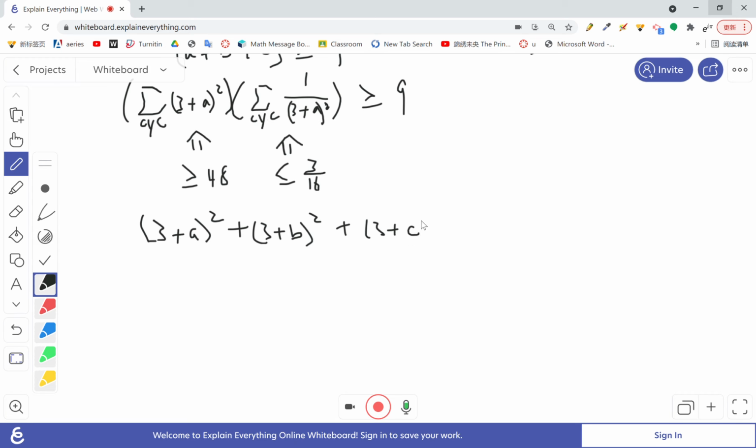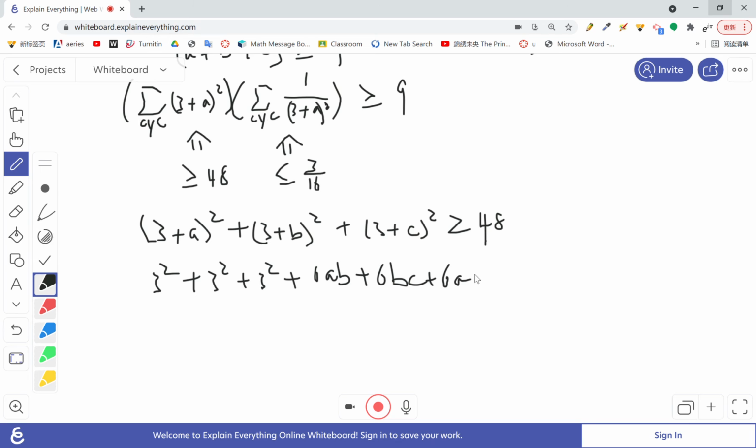Since we're doing the extreme case, this must be larger than or equal to 48, which can be written as 3 squared plus 3 squared plus 3 squared plus 6ab plus 6bc plus 6ac plus a squared plus b squared plus c squared.